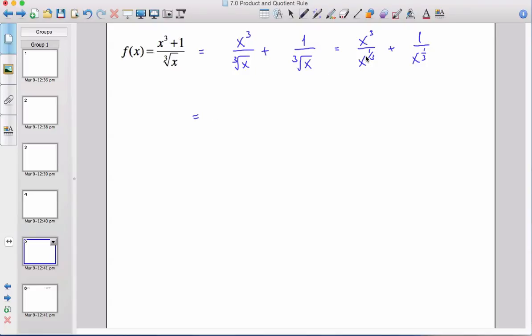So x cubed divided by x to the 1/3 is x to the 3 minus 1/3. So that would be x to the 8 over 3. And here it would just be x to the negative 1/3. So before I start finding the derivative, I can simplify it to make it easier, right? So now I can find the derivative using the power rule, which is a lot easier.